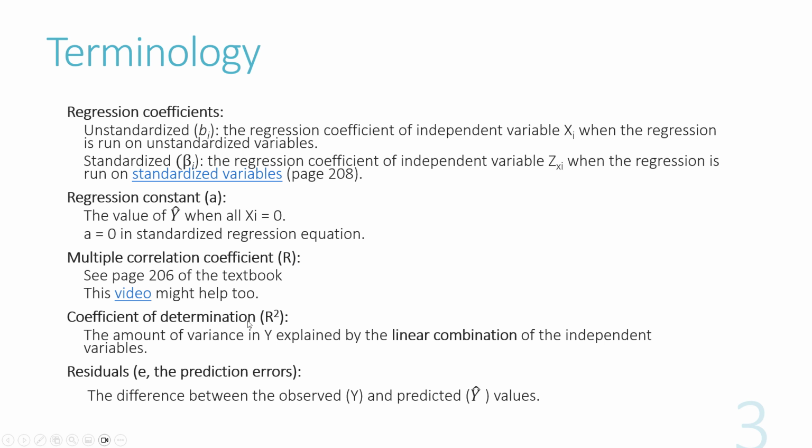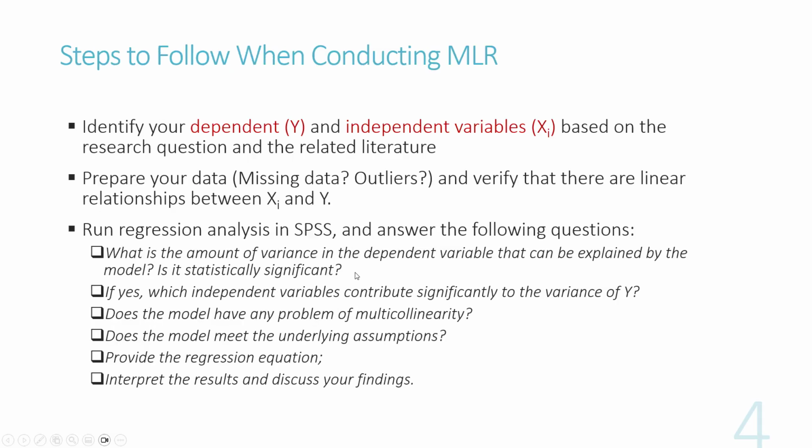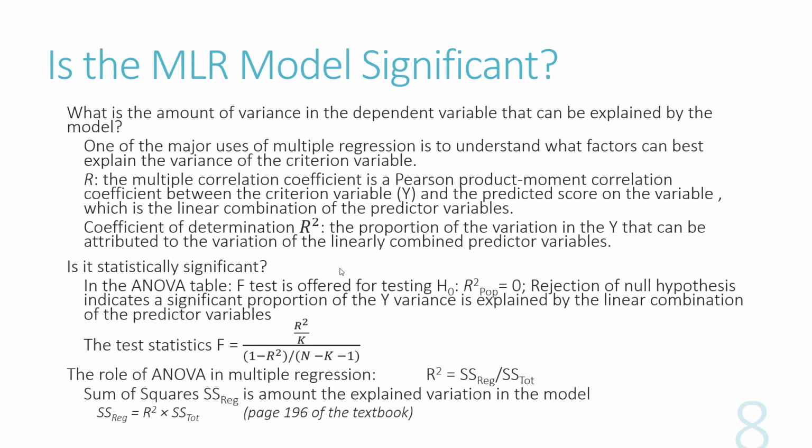The squared value of R, known as the coefficient of determination, represents the proportion of variance in y explained by the independent variables. The ANOVA table in the SPSS output provides an F-test to determine whether R-squared is significantly different from 0.